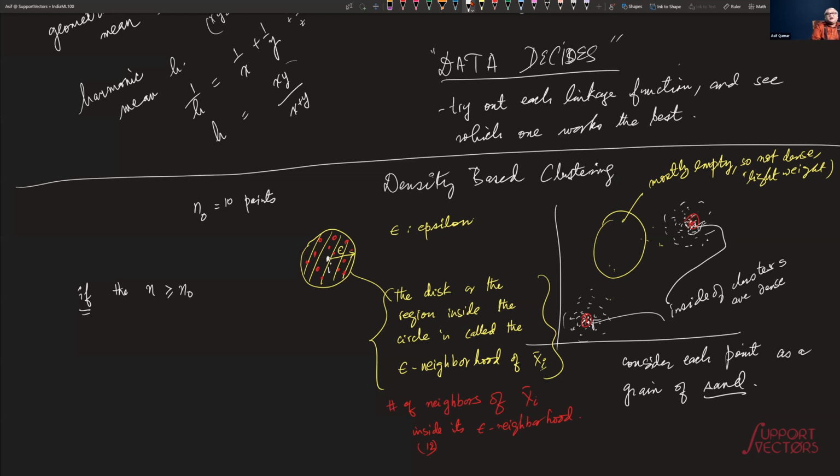In other words, if you have 10 neighbors in your close neighborhood for a point xi, then we call it an interior point.